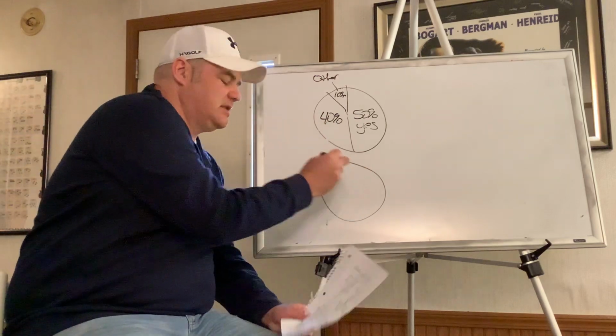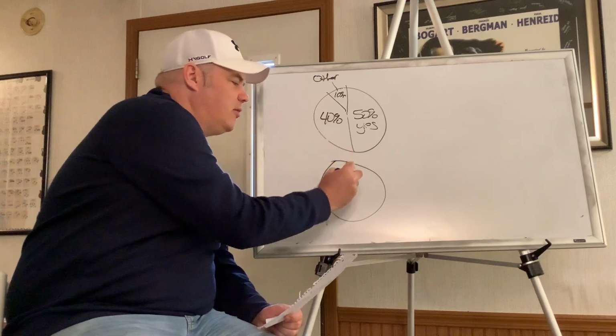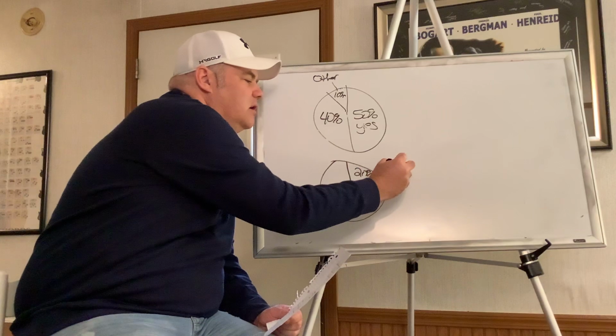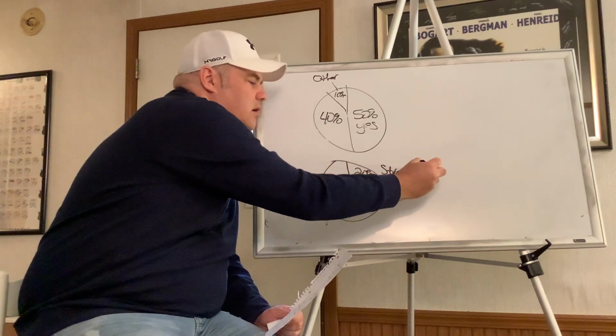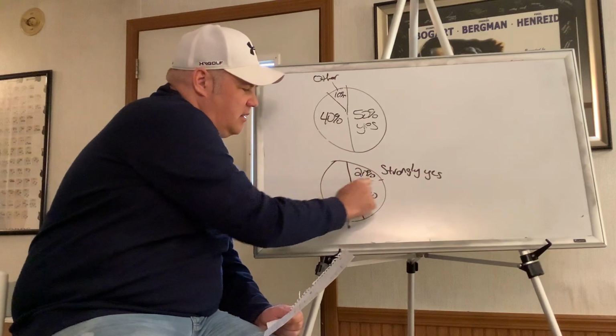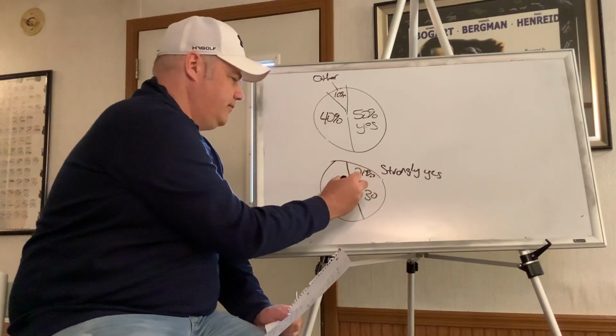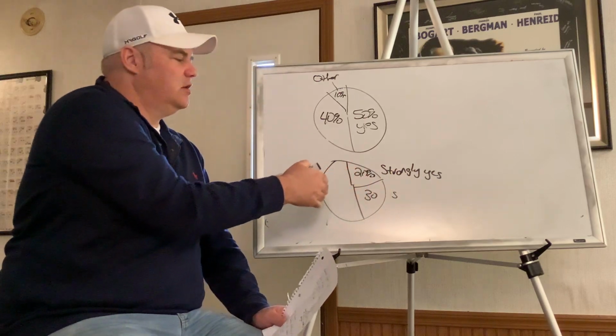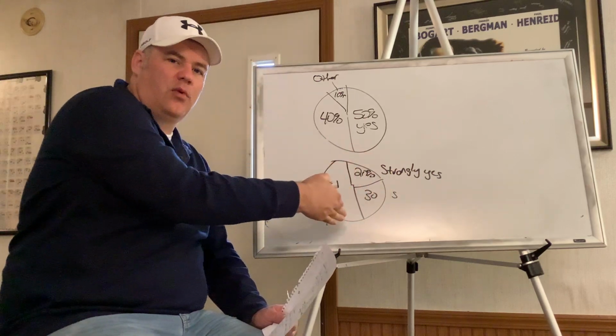So let's say I went in and said, okay, let's look at it more like 20% said strongly yes, and 30% yes. And hopefully that's why I had the video do the things of how you break it down angle-wise.